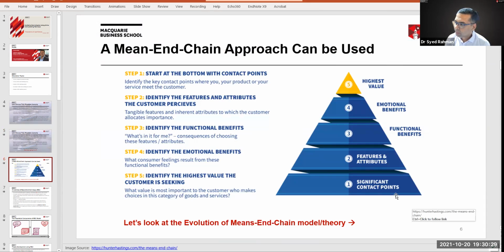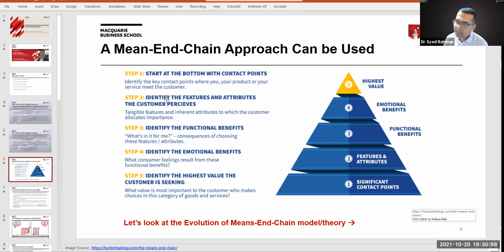So if you look at this pyramid, if you start from here, for example, point 2, it's saying that we need tangible features or inherent attributes to which the consumer allocates importance. So here we're talking about, in terms of that cruise ship context, different safety attributes or touch points that are important for customers in that context.